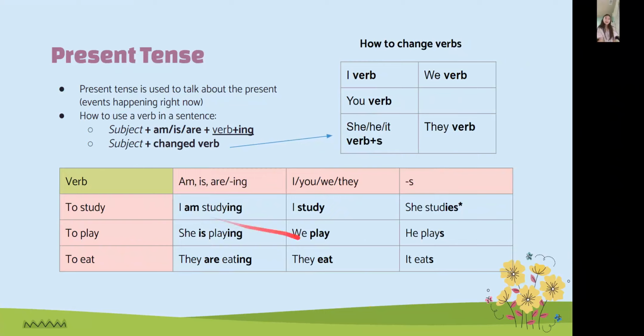Now, can you think of a sentence that is using the ing verb ending? Could you say that again? Going. Going.